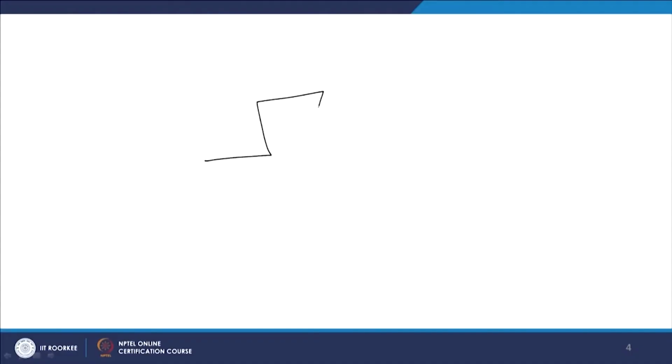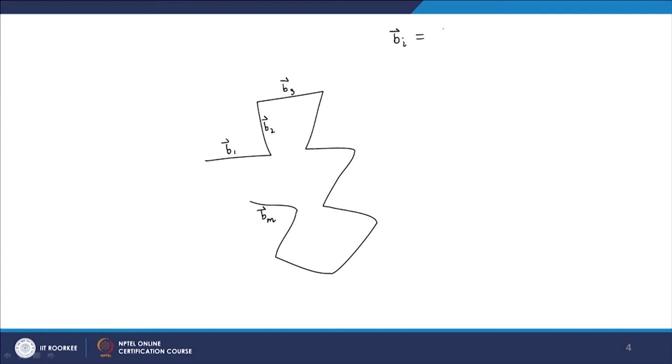So, let us say this is a model of a freely jointed chain, and let me refer to these vectors as bond vectors. So, the first one I will refer to as B1, the second is B2, the third is B3 and so on, and the last one becomes Bm, then Bi is what I refer to as a bond vector or segment vector.